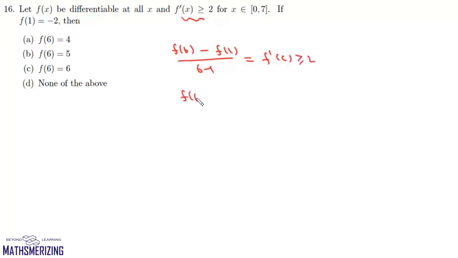Now we can write f(6) minus, now what is f(1)? f(1) is minus 2, so it will be minus of minus 2 and it will be greater than or equal to 10. That is, the value of f(6) should be greater than or equal to 10 minus 2, which is 8, and that's your none of these, option D.